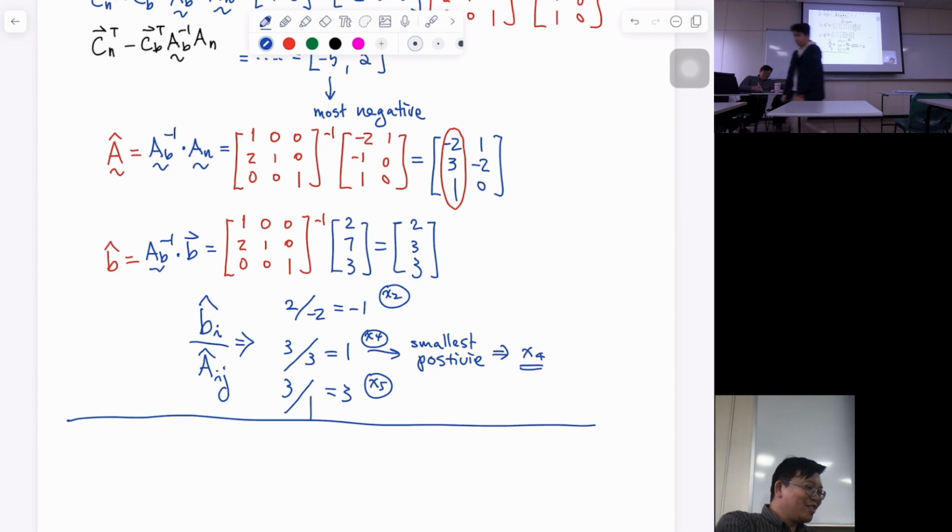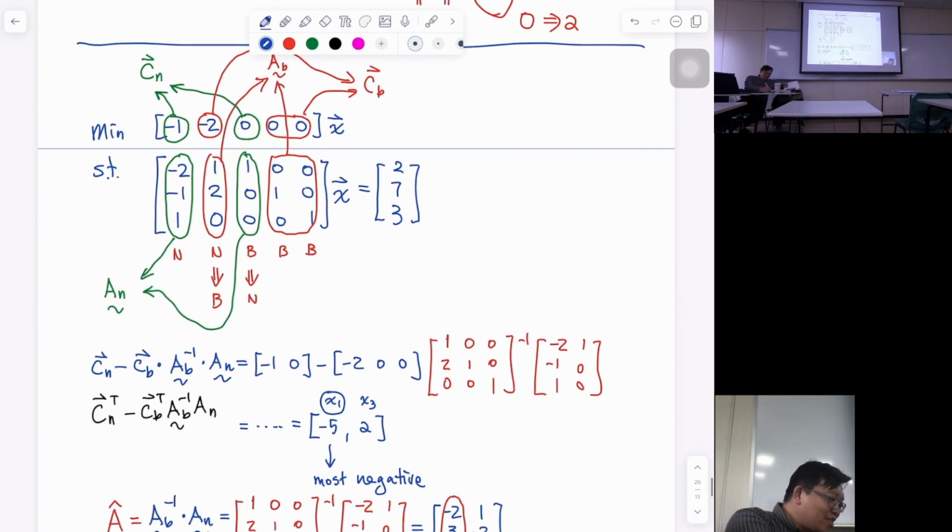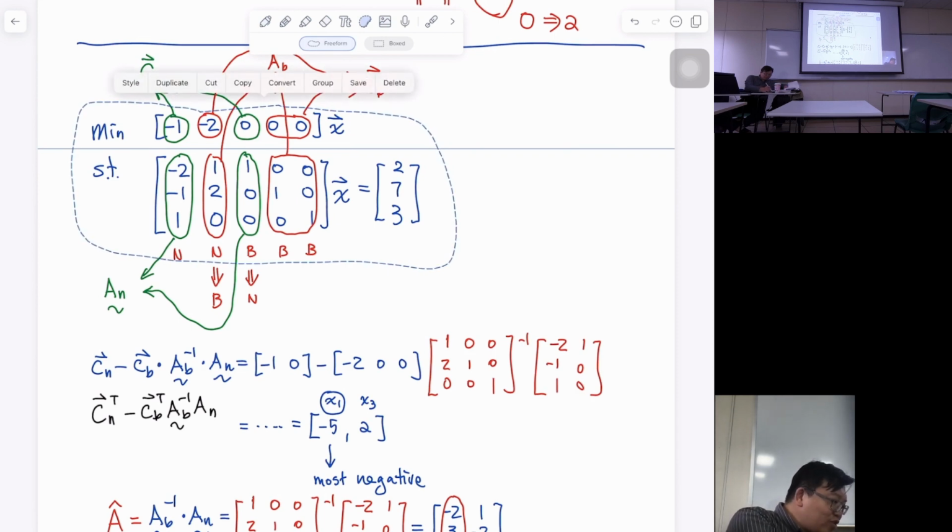Next iteration. So if you do it fast, it's not taking a lot of time. We can already move on to next iteration.